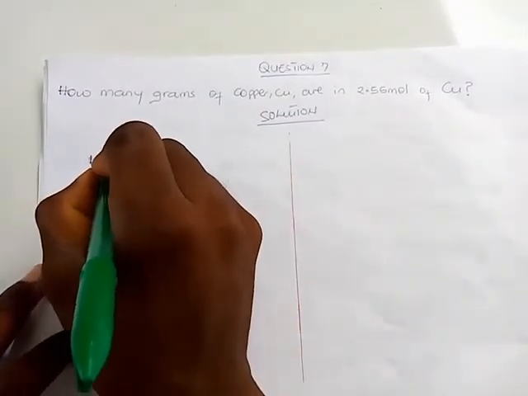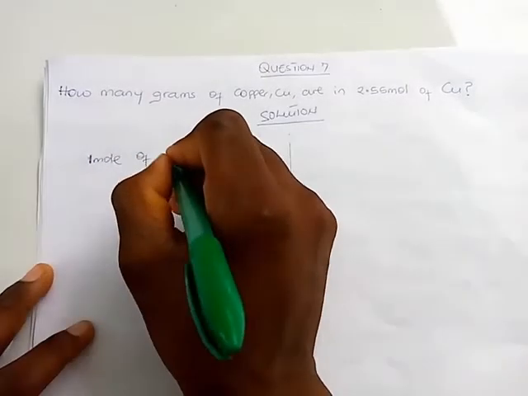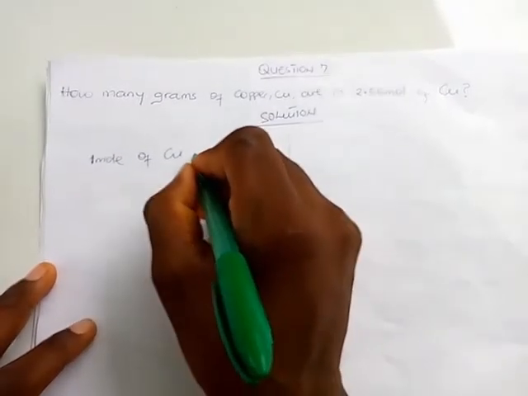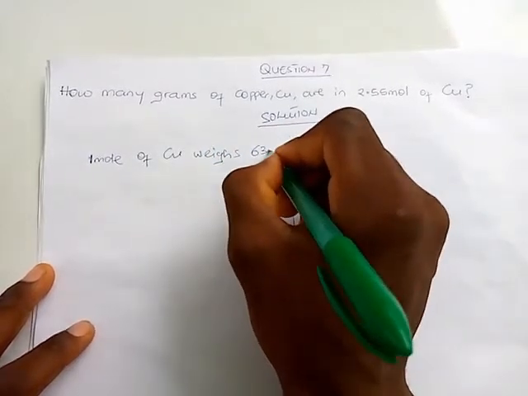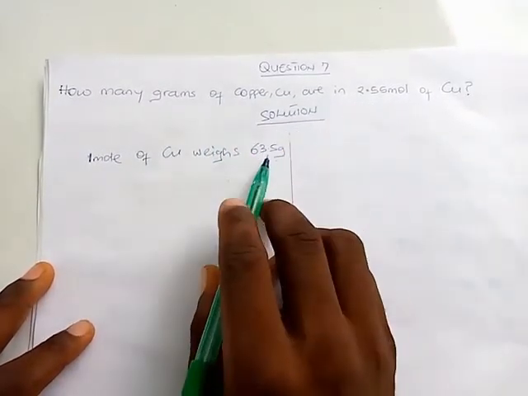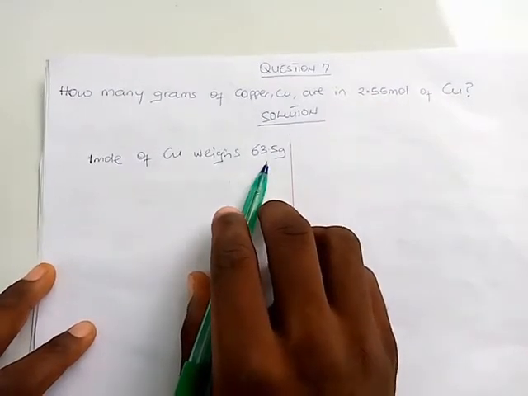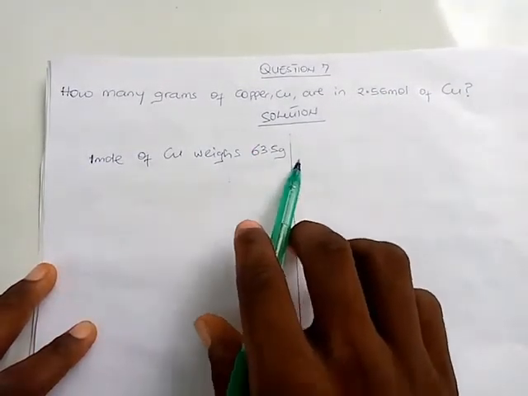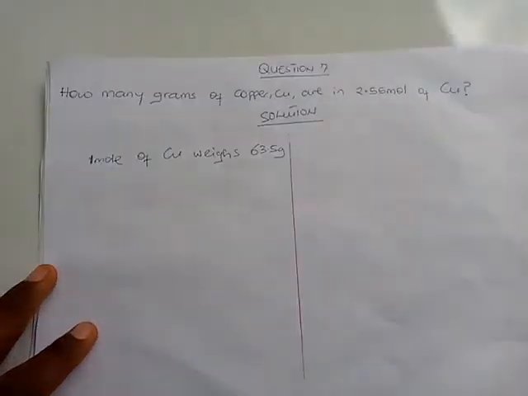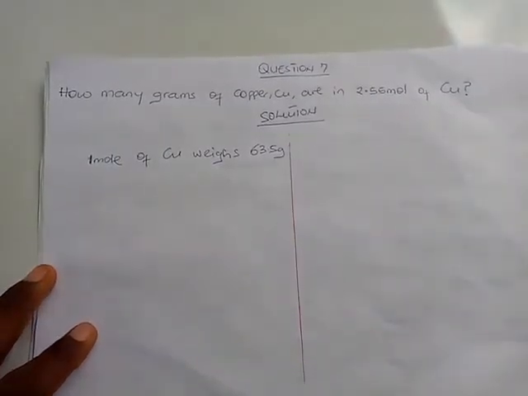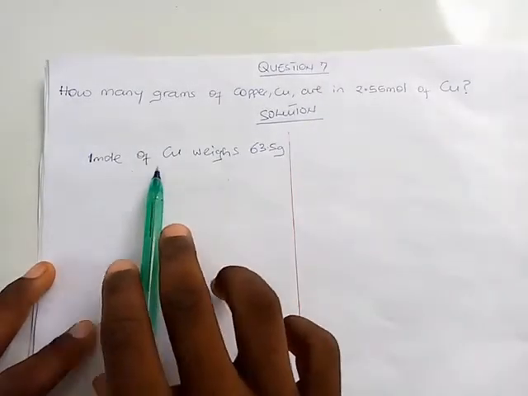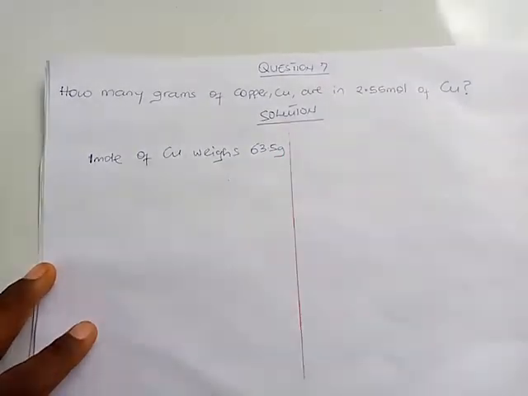So 1 mole of copper, that's Cu, weighs 63.5, and that's the molar mass. We know that the molar mass has units, but the relative atomic mass or the formula mass has no unit. So the molar mass of copper is 63.5 per 1 mole.